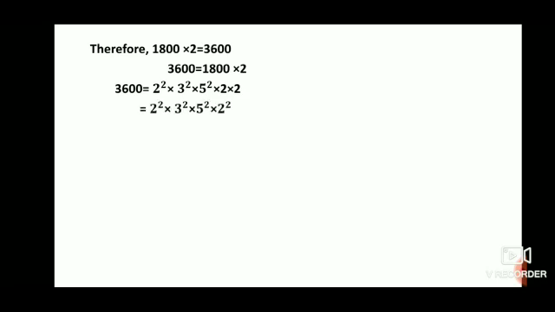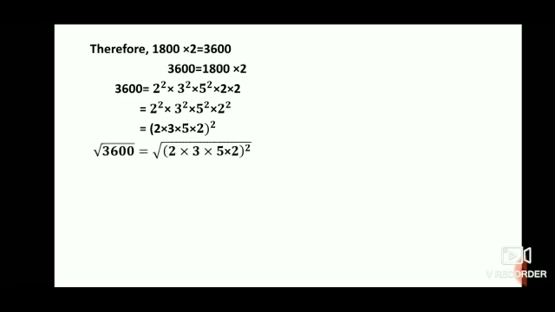So 2 squared into 3 squared into 5 squared into remaining 2 into 2 is 2 the whole square. So that, 2 into 3 into 5 into 2 the whole square.